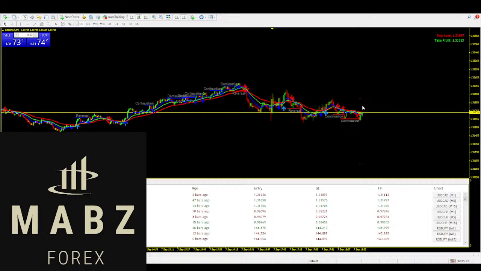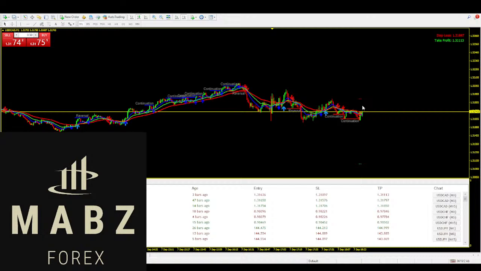If the market is above the moving average, it means that you need to be looking for buy trades on that 1 minute chart. If the market is beneath that 100 period moving average, it means that you need to be looking for sell trades. So that's another way that you can watch that.